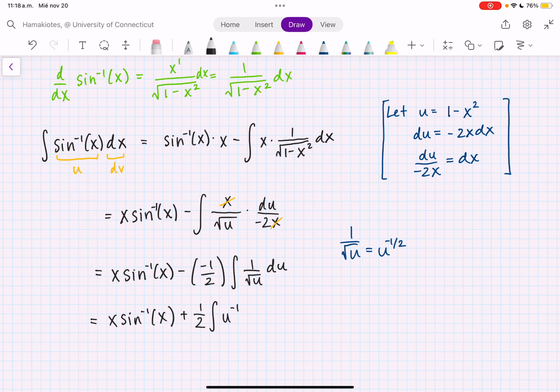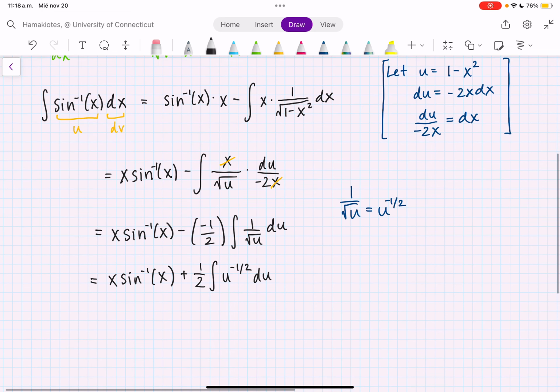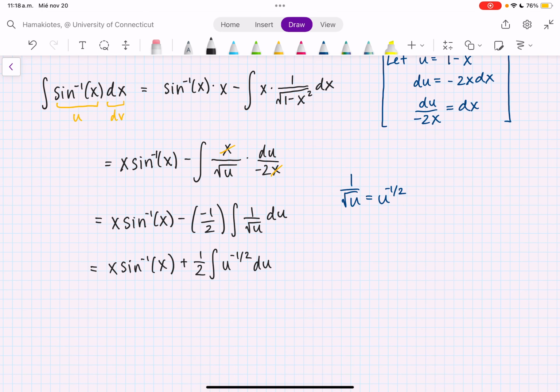So this is u to the minus 1/2 du, which is great because we know how to take the antiderivative of that. So this is x sine inverse of x plus 1/2 times u to the 1/2 divided by 1/2, which is just times 2. And we have our plus c.